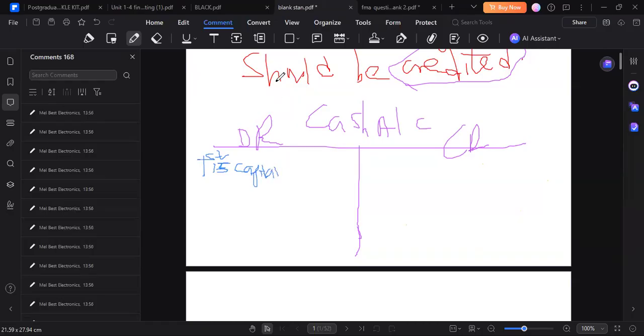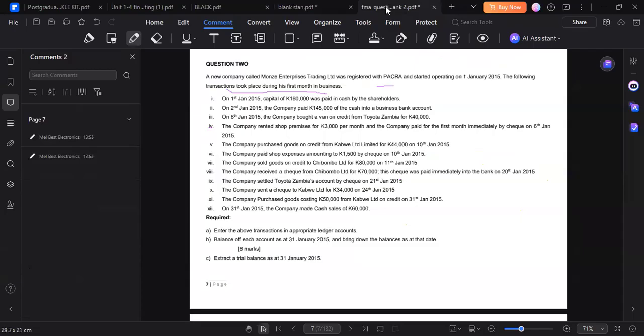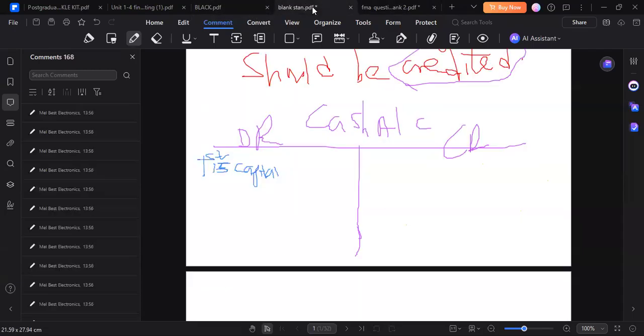How much capital do we have? The capital is 160,000.